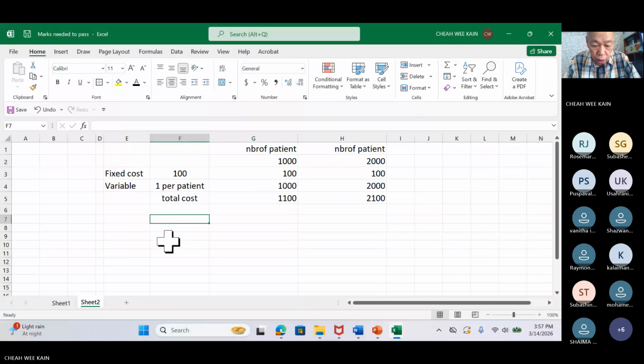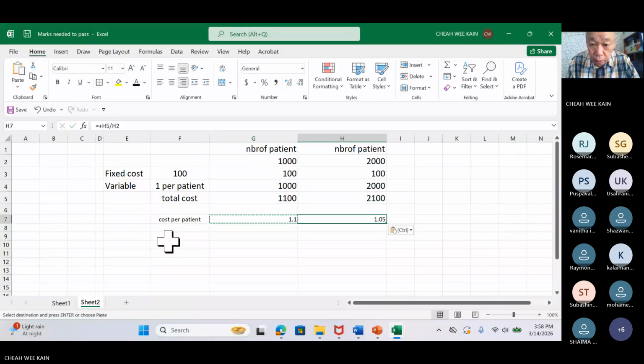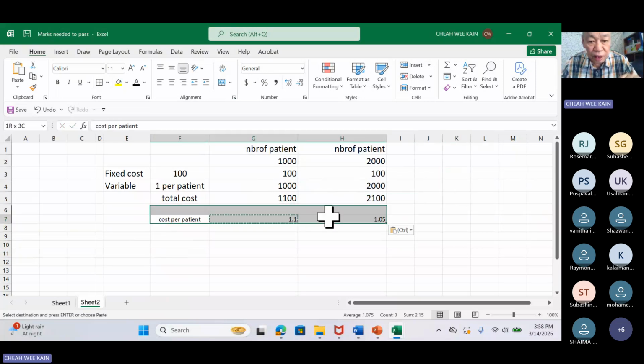So cost per patient is the total divided by the number of patient. 1.1, 1.05. It becomes lesser. Why?